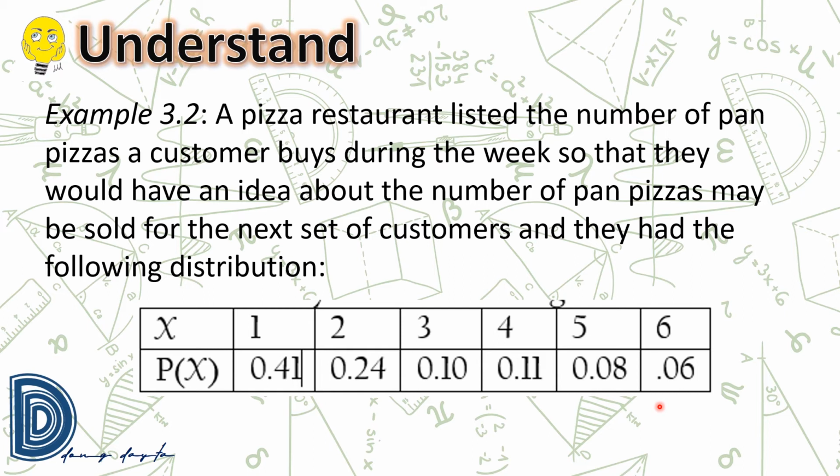So it satisfies the requirement for the probability distribution that the sum of all the probabilities is equal to 1. And also, there is no probability that is more than 1.